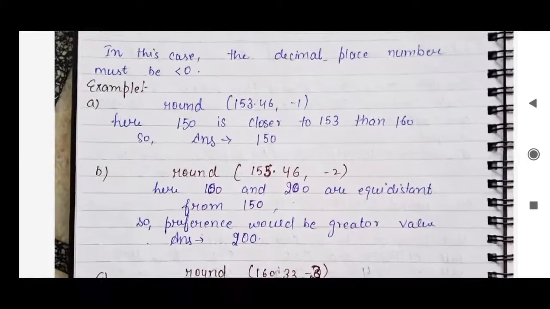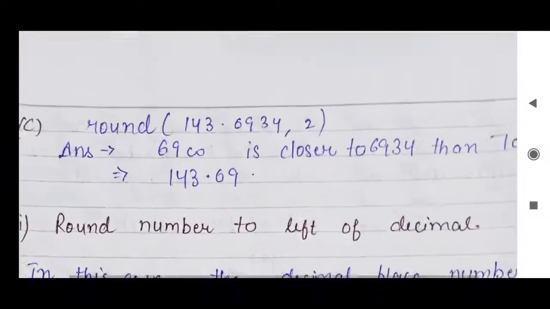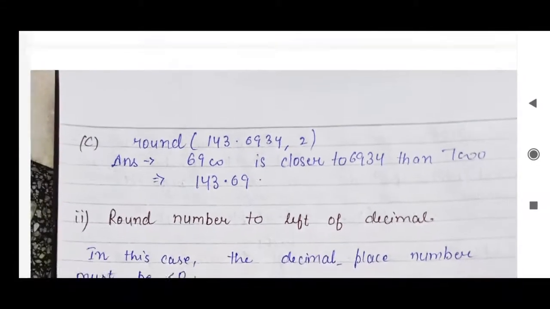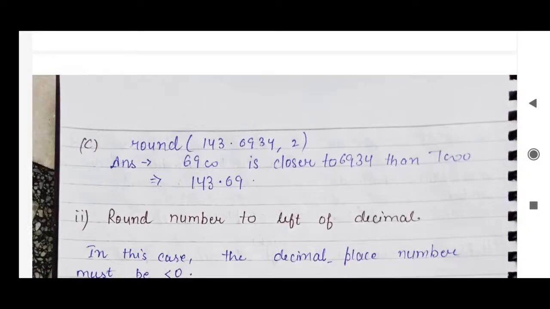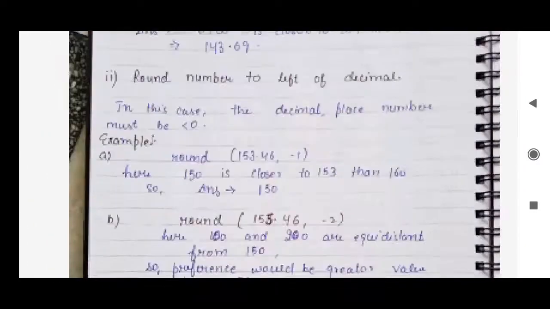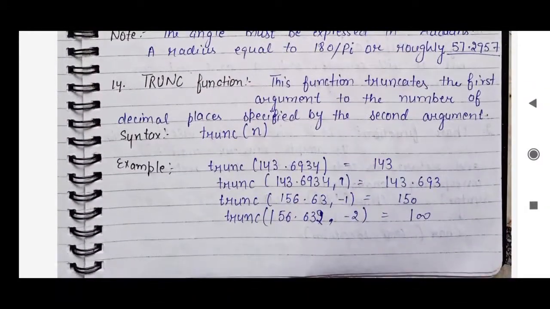Like we have seen an example where it was 93, but after rounding it gives the answer 90, because 90 is more closer to 93 than 100. But what truncate does is it doesn't care about this, it simply cuts the digit.